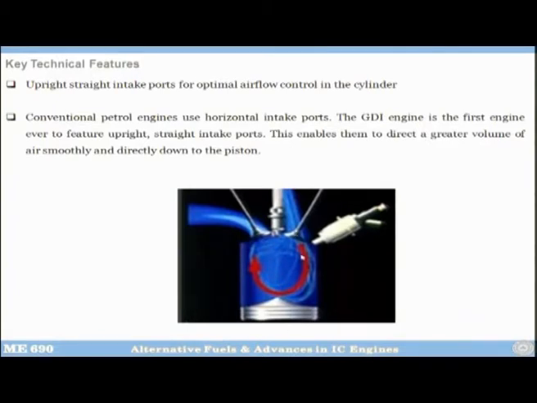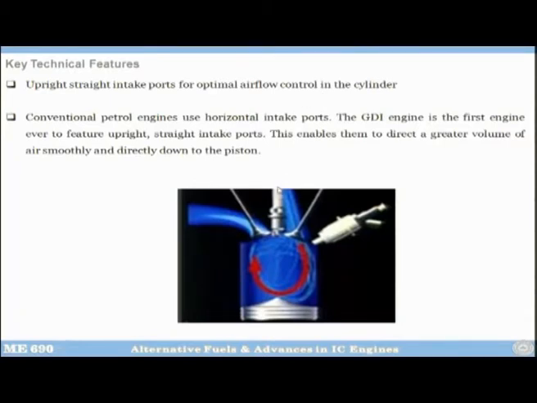In most engines you will see there is an exhaust port and an intake port, and these intake ports are horizontal, whereas in this case you have a straight upright intake port. This extends all the way up. This is called the upright straight intake port, and what it does is it helps in achieving the optimal air flow inside the engine.